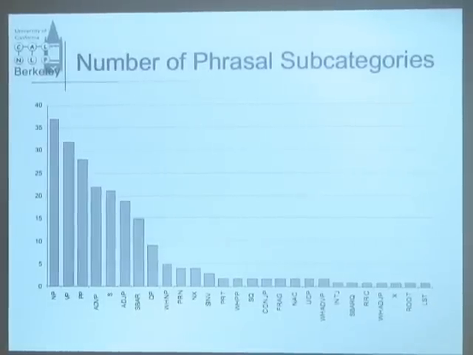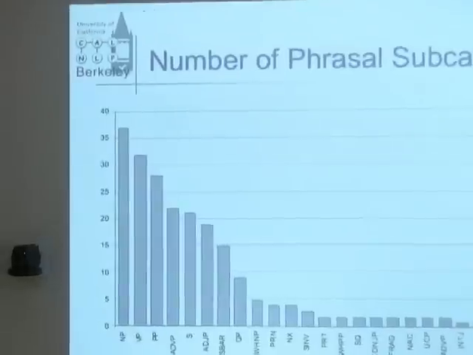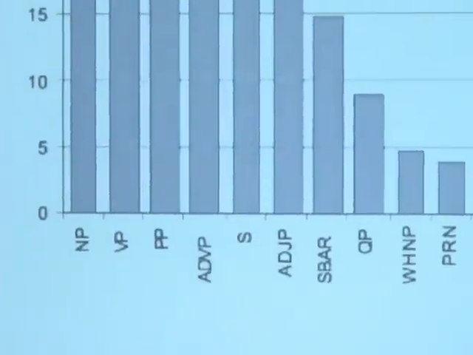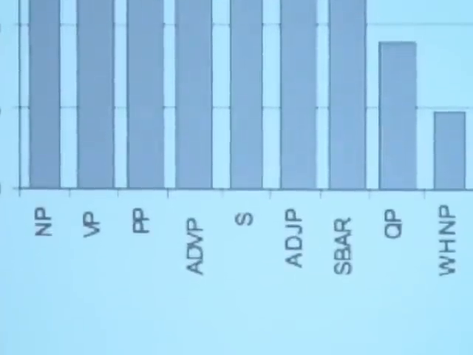So we can look at it, and for the phrasal subcategories, we see that for every category, some splits have been reversed. So it seems like we're reaching a point where performance is going to level out, even if we did more splits.